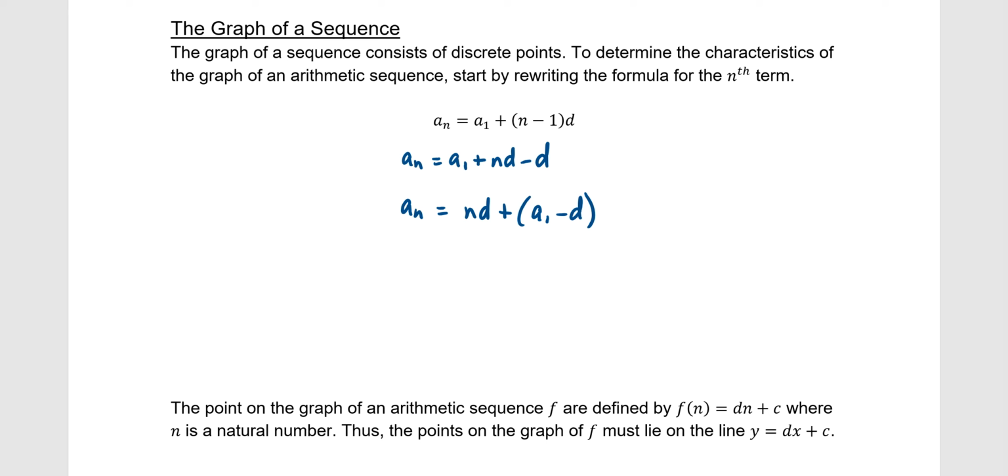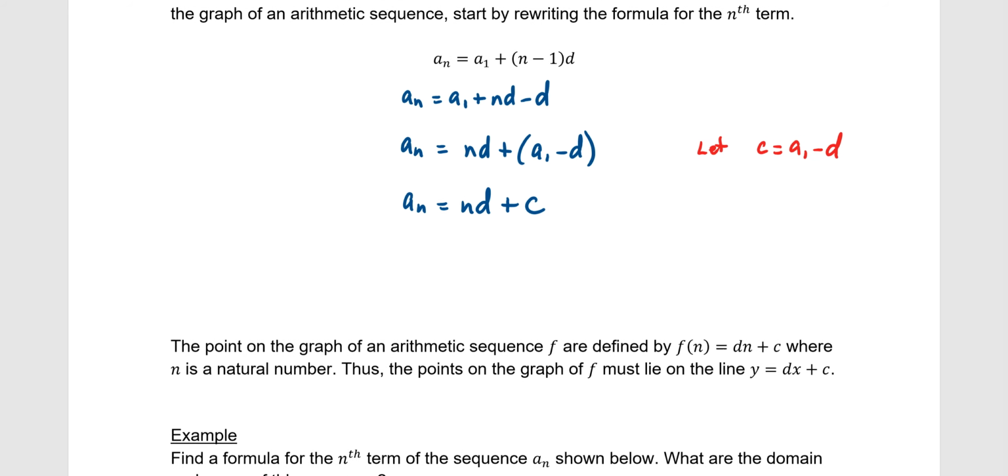So a sub 1 and d are just numbers here, so I group them up. I'm going to let something else equal a sub 1 minus d. I'm going to use a c, because once again these are just numbers, so they're just going to combine. So a sub n equals nd plus c.